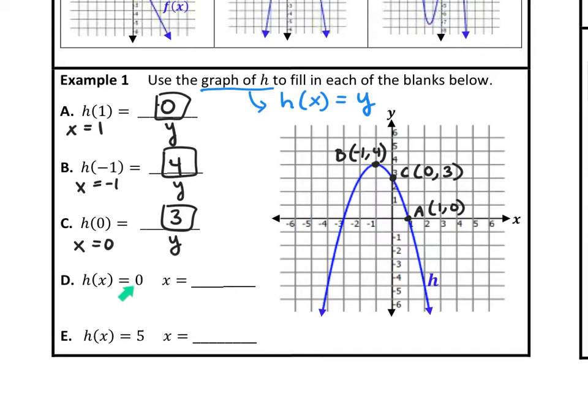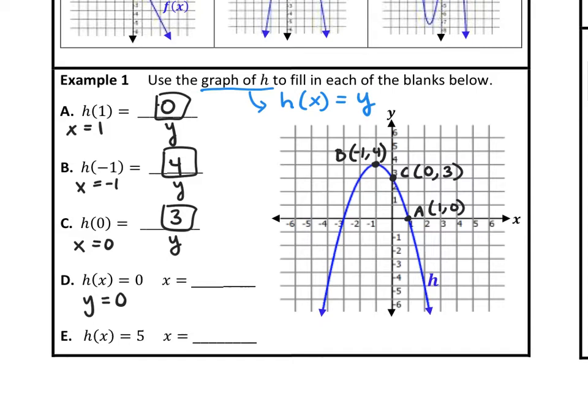They're giving us y, because remember, after the equal symbol is a y. So they're telling me y equals 0. And they're saying if y equals 0, what's my x value?